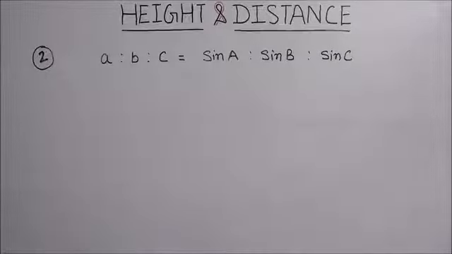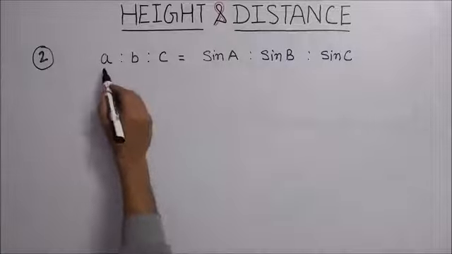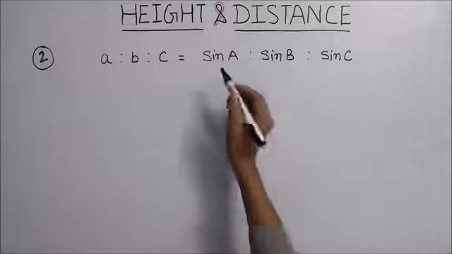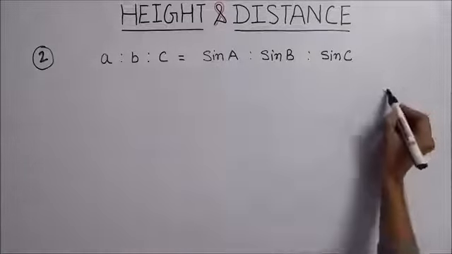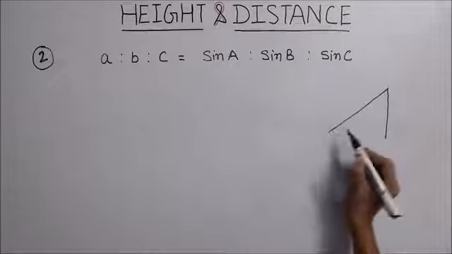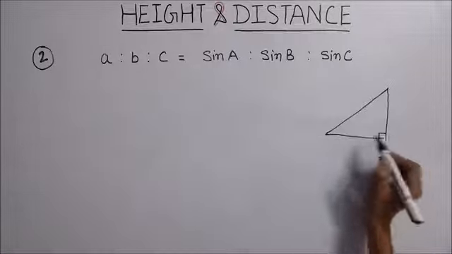Now the second trick. When we have sides A, B and C and the angles A, B and C, again we draw this diagram.